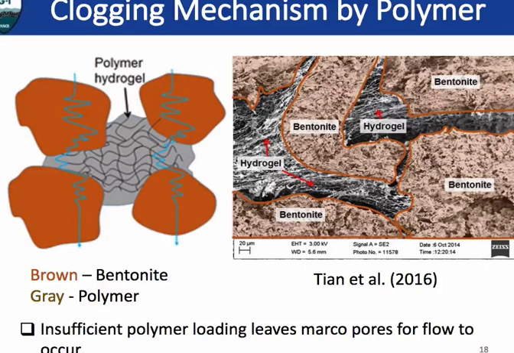It certainly shows a different controlling mechanism. Here, I want to cite my colleague Tian's work, because we are using the same GCLs. He used low-level radioactive leachates and did image analysis, and he found the polymer actually has a clogging mechanism, just clogging the pore space of the bentonite.